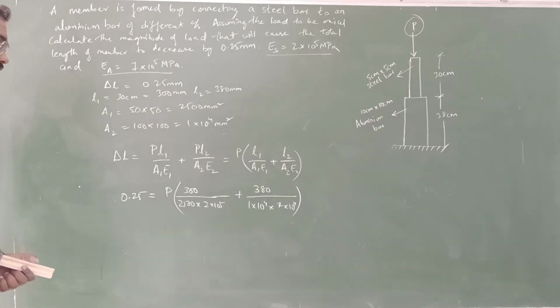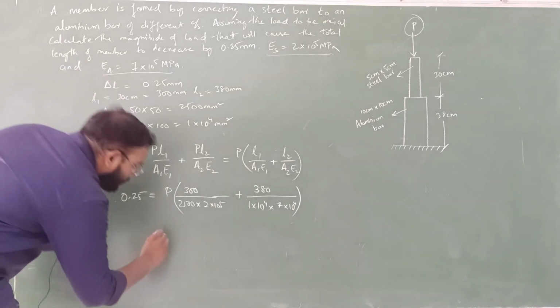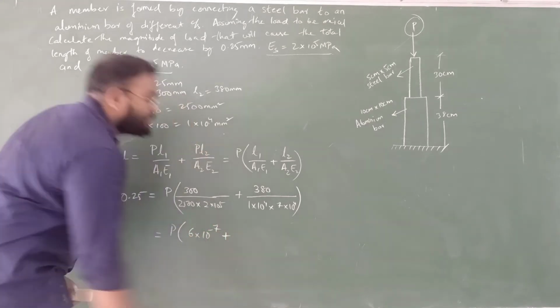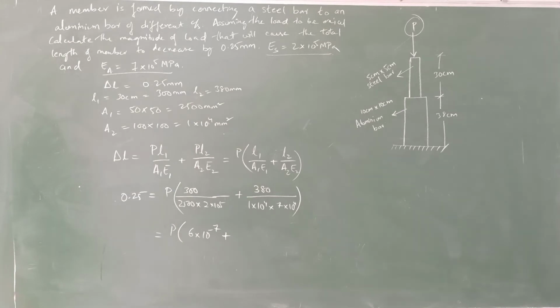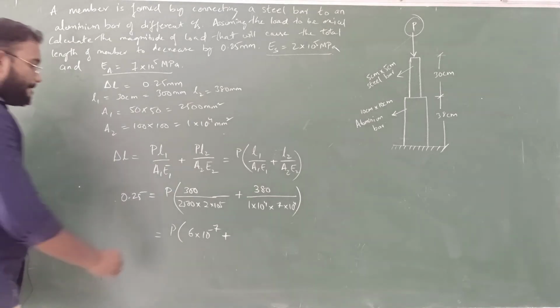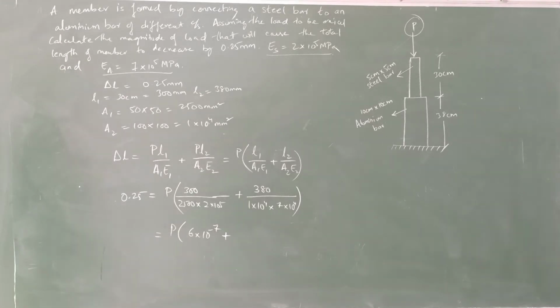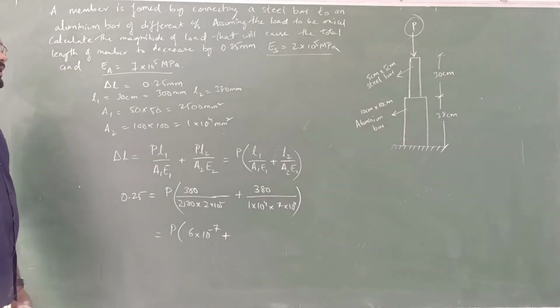300 divided by 2 × 10⁵ into 2500 is 6 × 10⁻⁷. P multiplied by 6 × 10⁻⁷ plus 380 by (1 × 10⁴ × 7 × 10⁴).